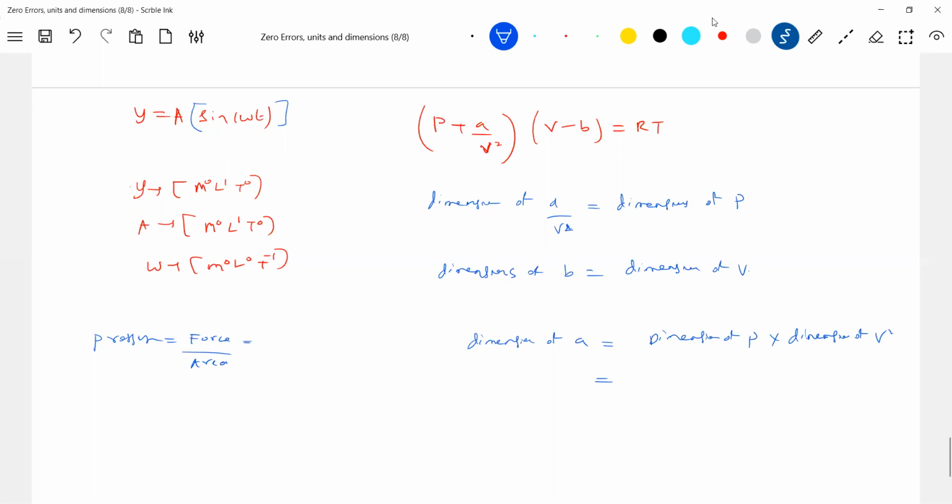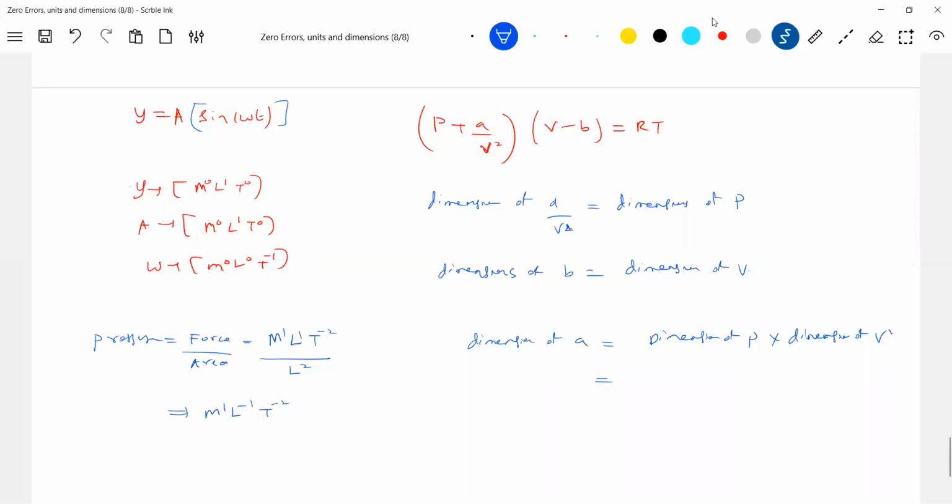The dimensions of force are M1 L1 T minus 2, and this is divided by L square. So the dimensions will become M1 L minus 1 T minus 2. This will be the dimensions of pressure.